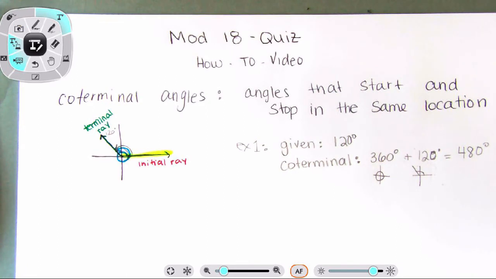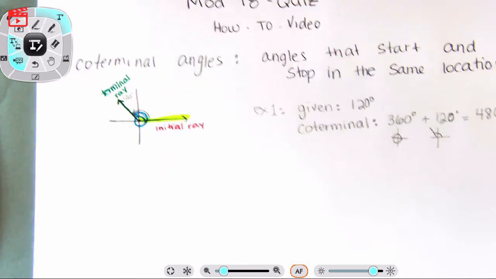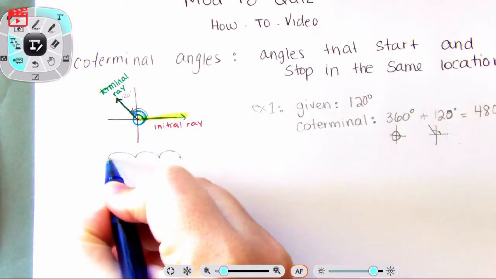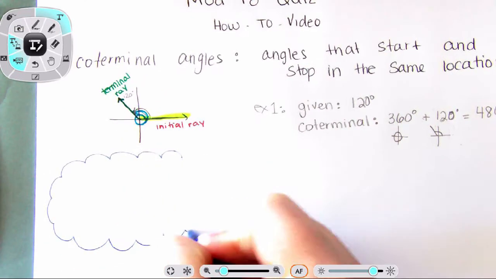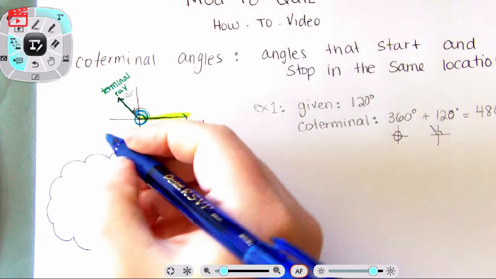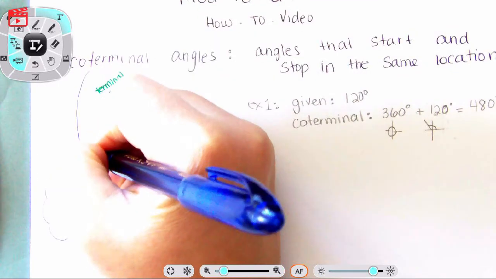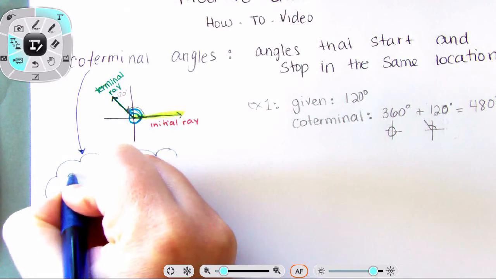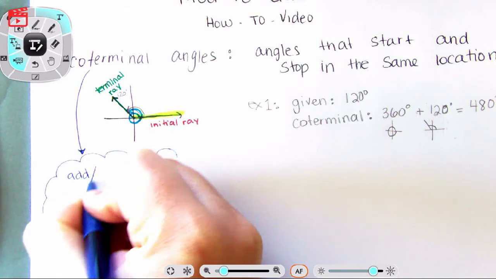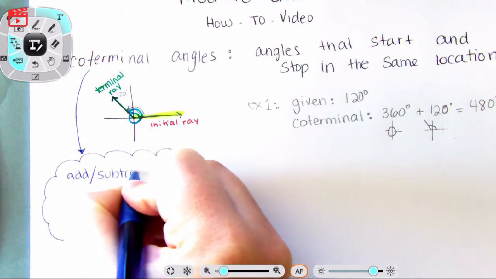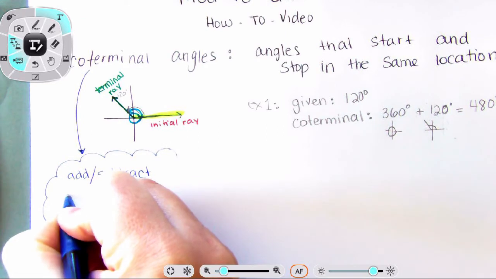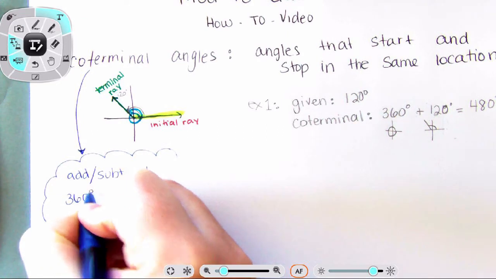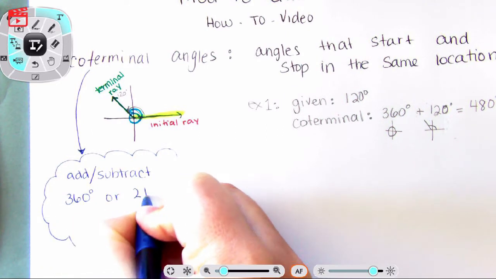the terminal ray. So here's now where I come in with your little thinking bubbles, cheat sheets, suggestions, ways to remember things. Okay, so if you're finding coterminal angles, you're going to add or subtract 360 degrees or 2 pi.